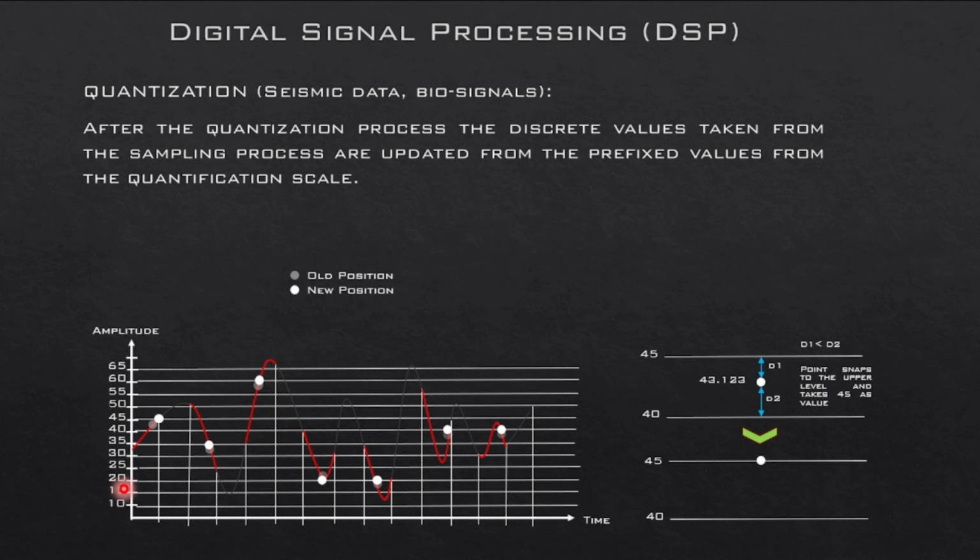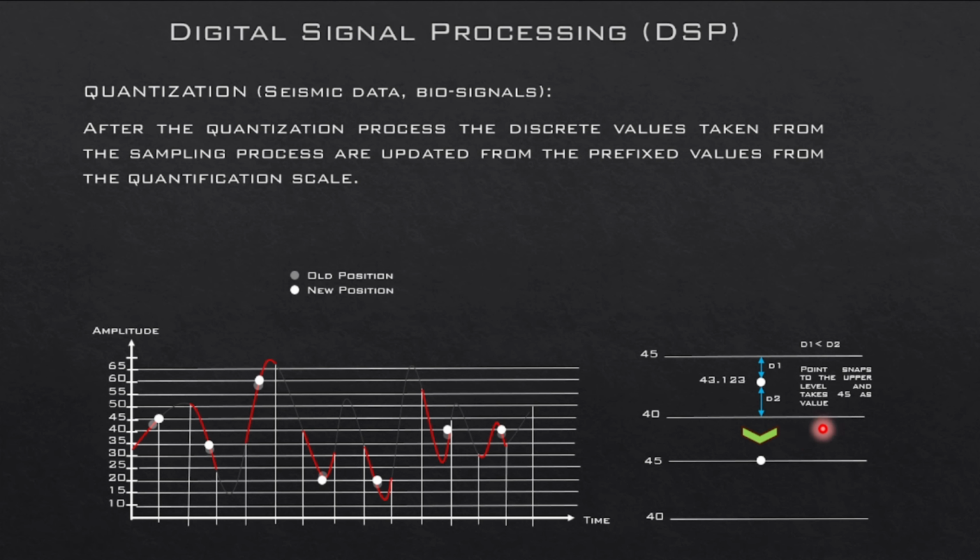It needs to stick to these values that are predefined for the amplitude. So for instance, here it was snapped to 45, here to 60, here to 35, 20. This one was snapped below, from around 22 or something. And here it snapped up from 16, 17, something like that, to 20, etc.